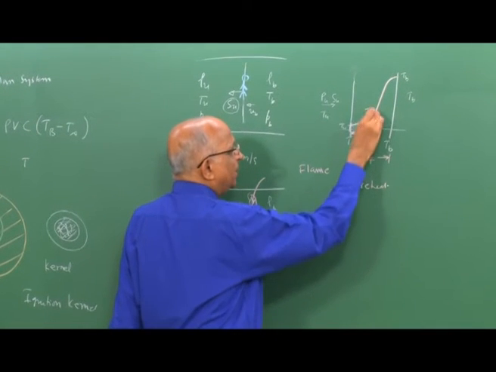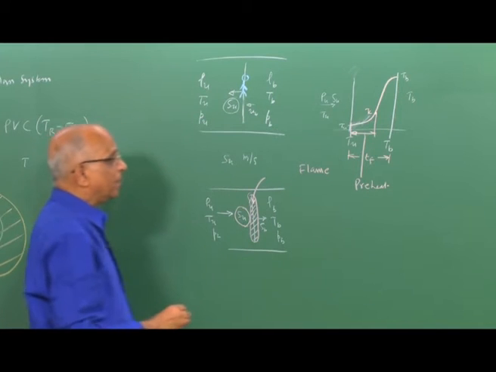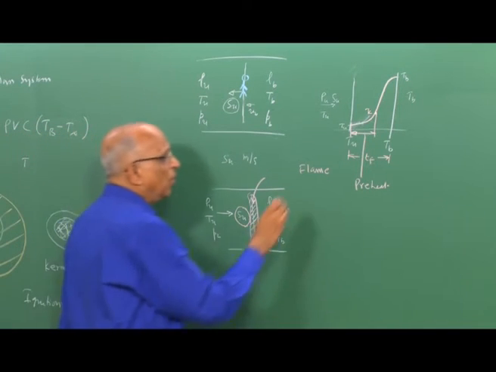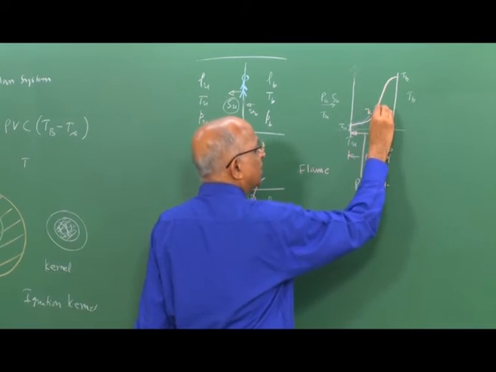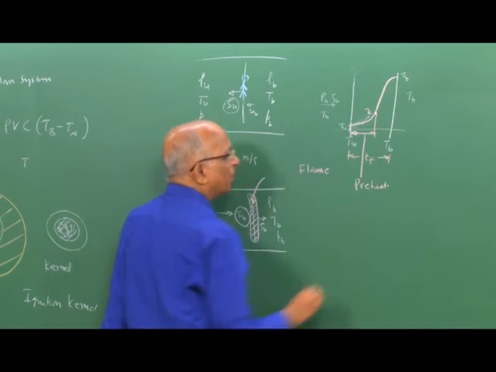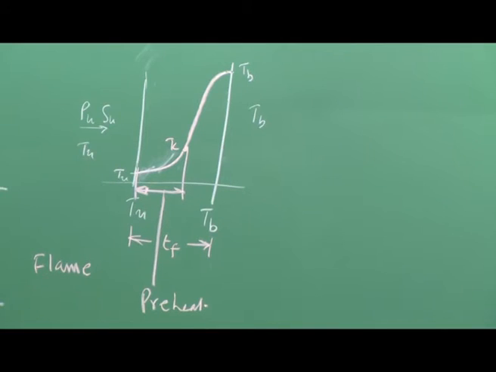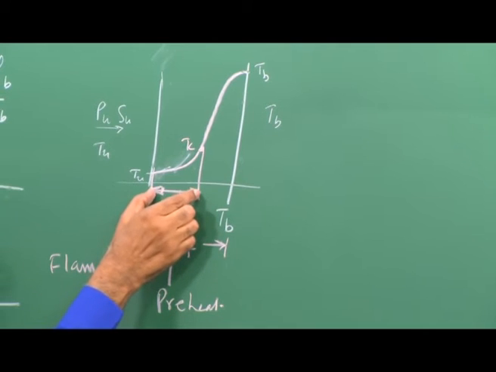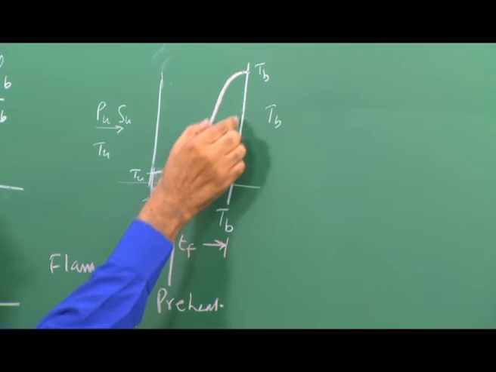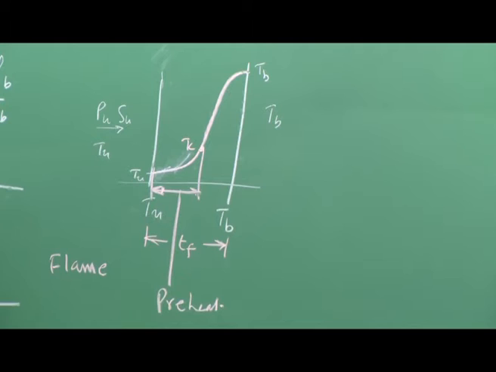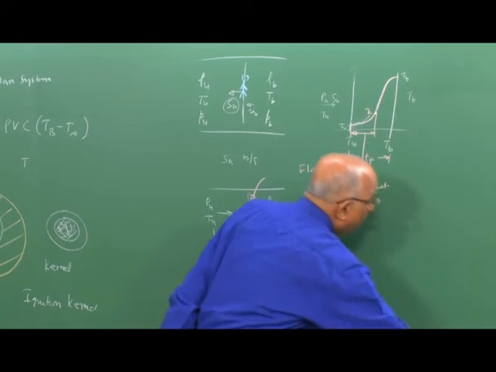Once it has been heated to the critical temperature, that is the auto-ignition temperature, there is a spurt in chemical reactions and the temperature shoots up like this. Therefore, initially there is something like a preheat followed by chemical reactions in this particular length, and now I can put something more.